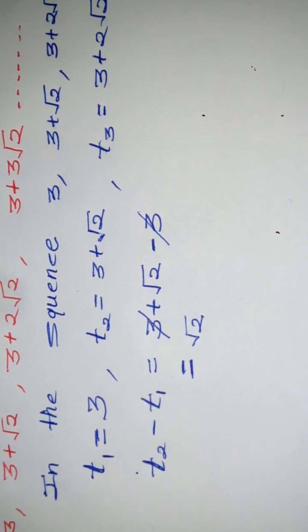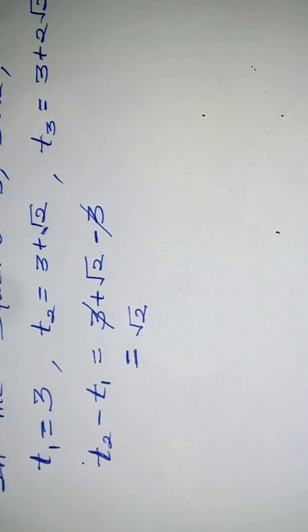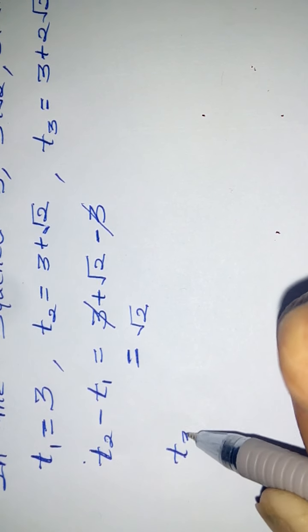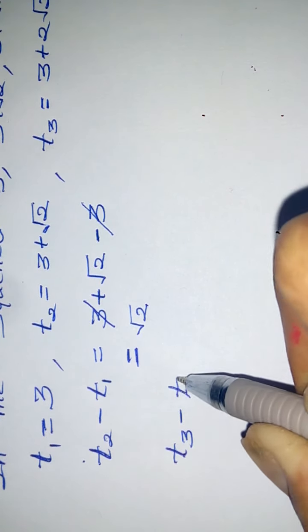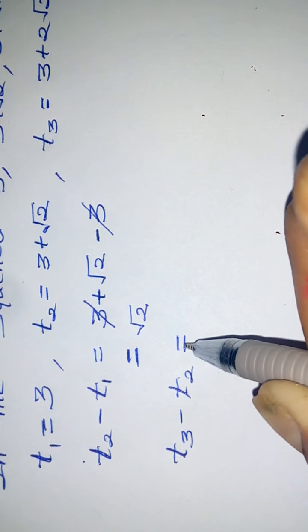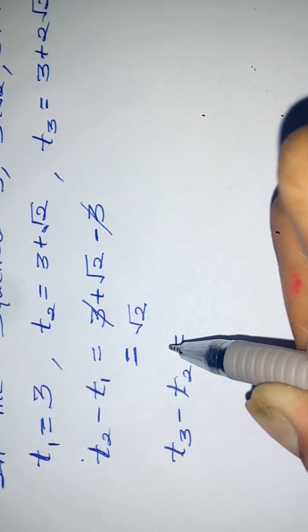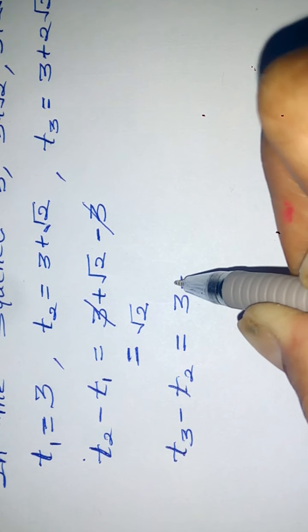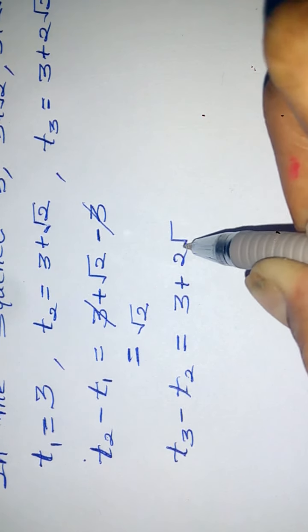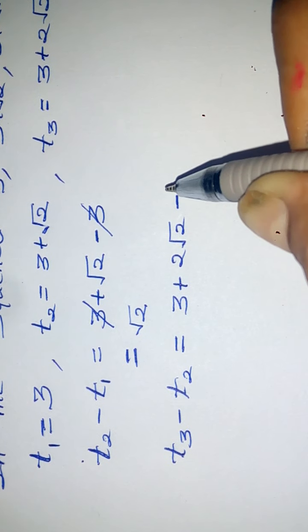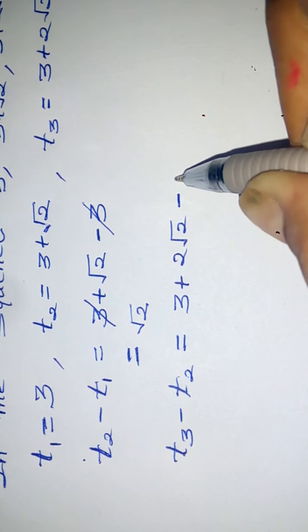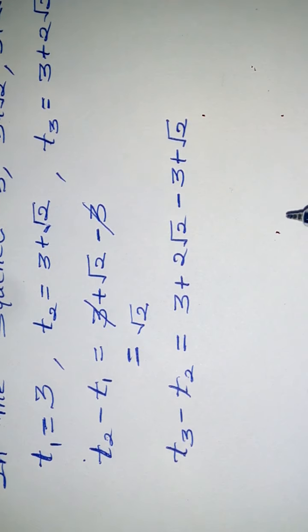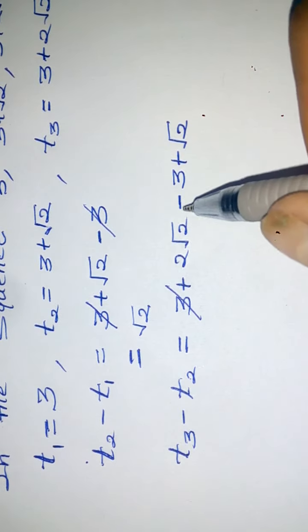Again if we solve the next two terms, T3 minus T2. The value of T3 is 3 plus 2 root 2, minus the value of T2, which is 3 plus root 2.